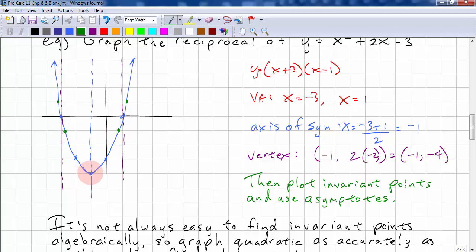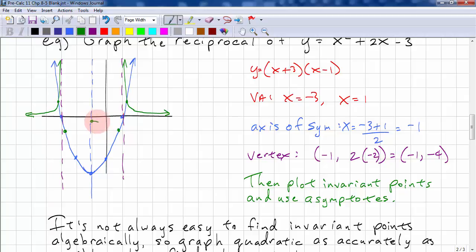Our vertex here is a minimum point, so it's going to be a maximum point for our reciprocal. And because this is negative 4, we have negative 1/4, so that's there. We are approaching this asymptote from the positive side, so this is going to go to positive infinity. And we're going to approach the asymptote from above. And by symmetry, we can do the same thing on this side.